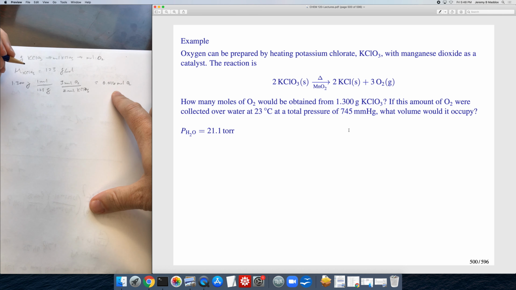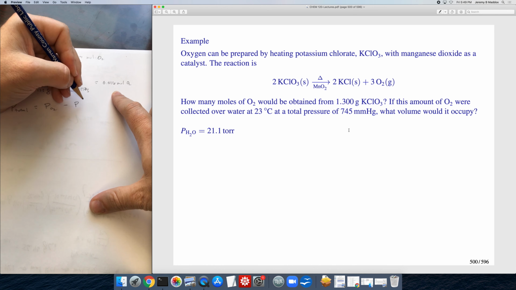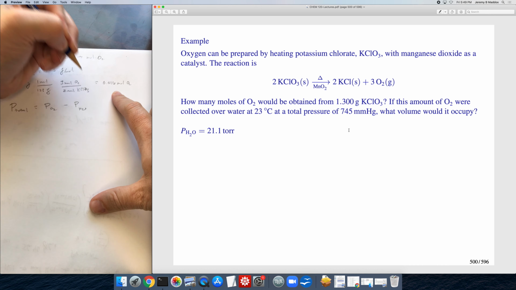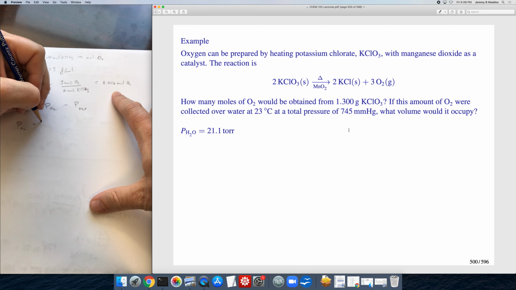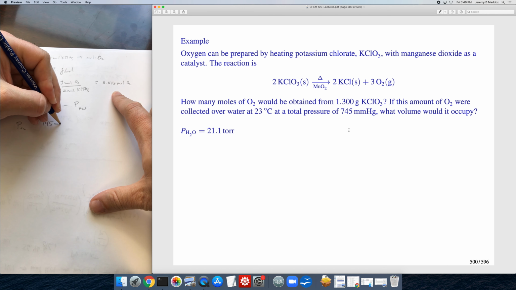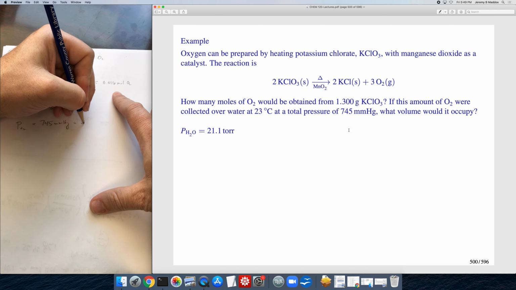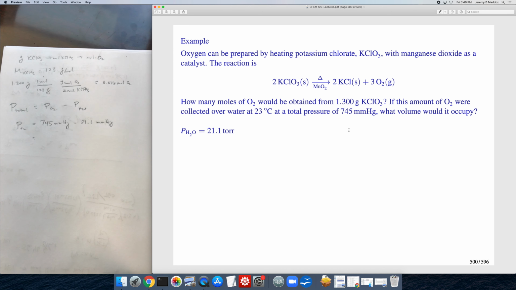P total is going to be the pressure of the O2 plus the pressure of the H2O. And so the pressure of the O2 will be the 745 millimeters of mercury minus the 21.1 millimeters of mercury from the water vapor.